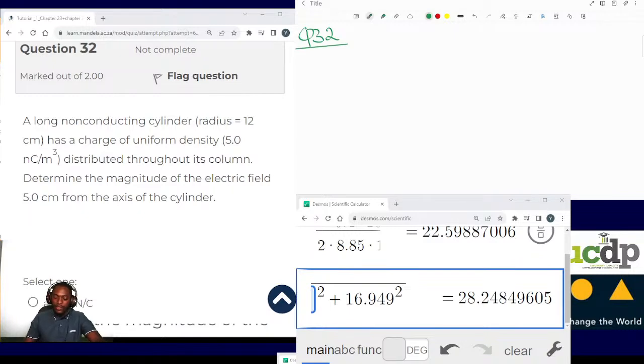So again, we'll start by putting a sketch. We've got a cylinder with a 12 centimeters radius.